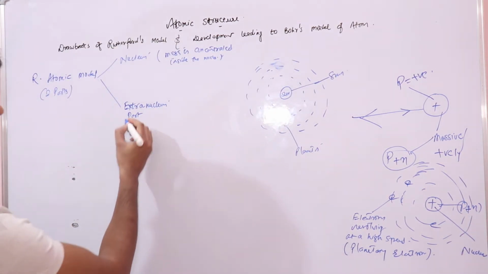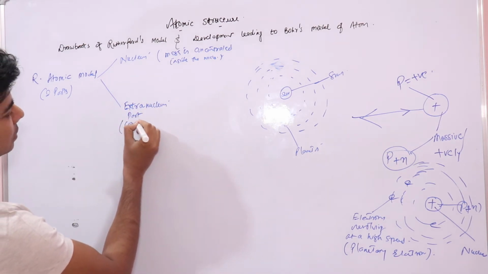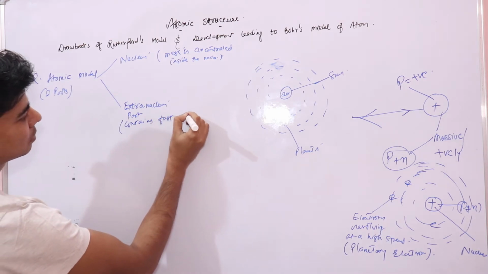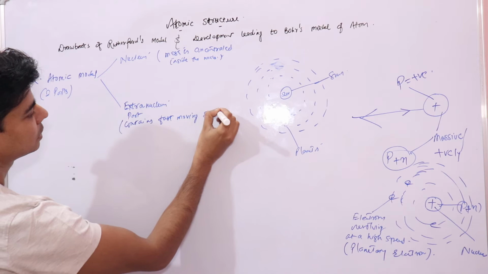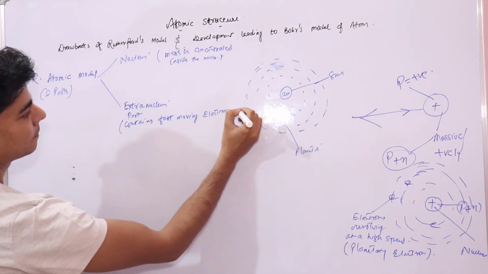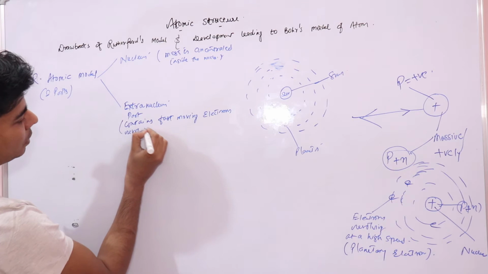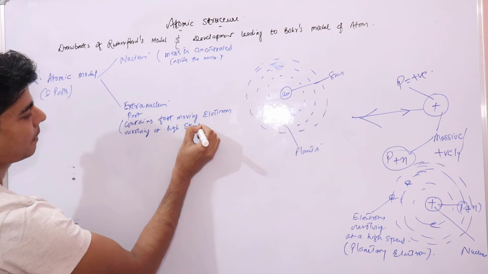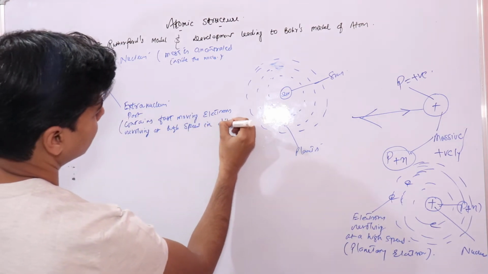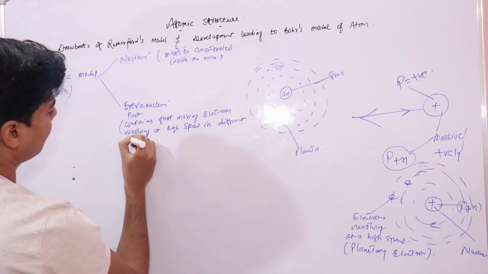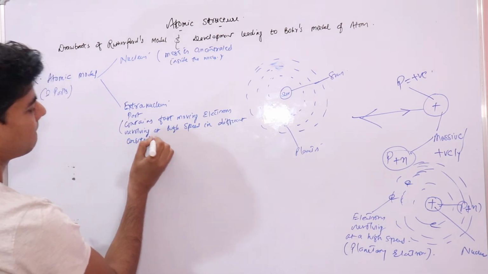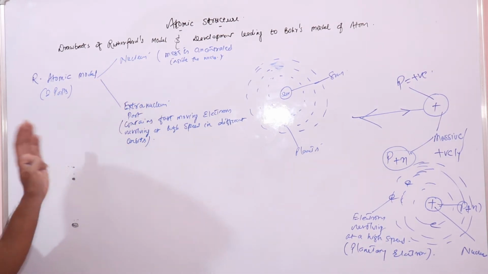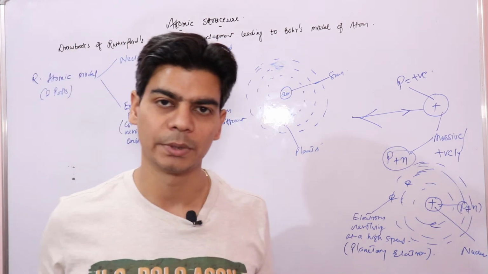And the extranuclear part contains fast moving electrons revolving at high speed in different orbits. Right, these were two major points of Rutherford atomic model.